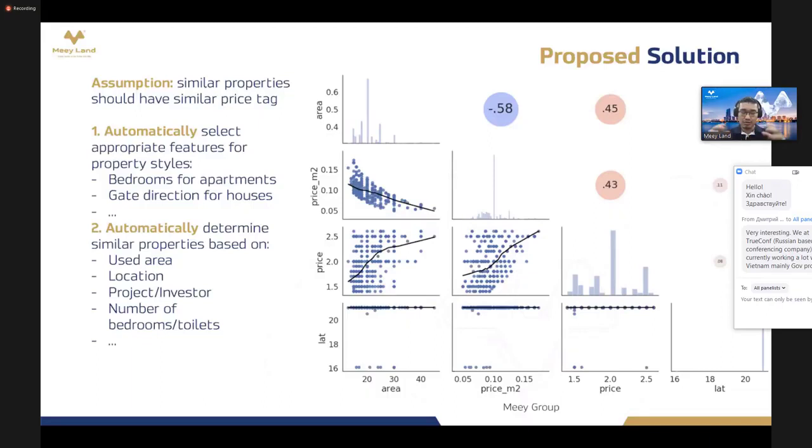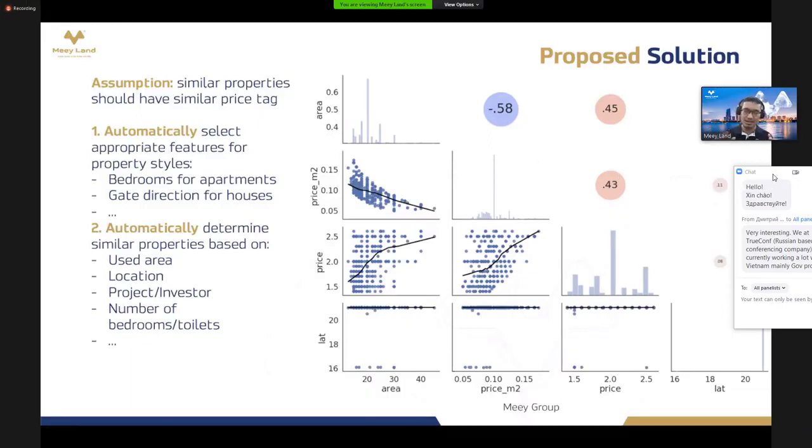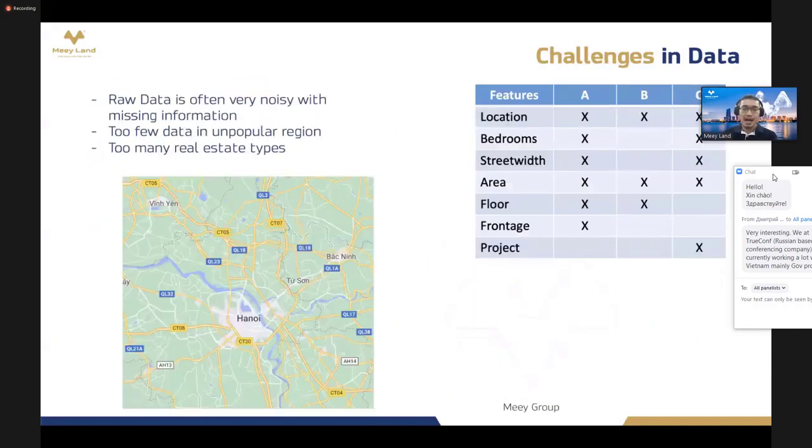So the machine will try to find 100, let's say, similar properties around that area, and then it plots the histogram, and based on that histogram, you can have a really good estimation of the price for that kind of apartment or house. So this is the proposal that we are building right now with the system we are running to try to estimate the price of properties.